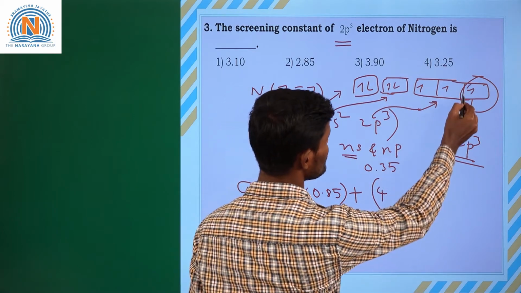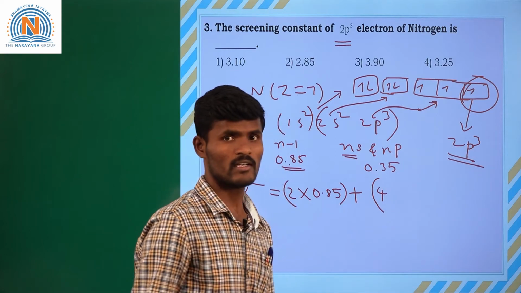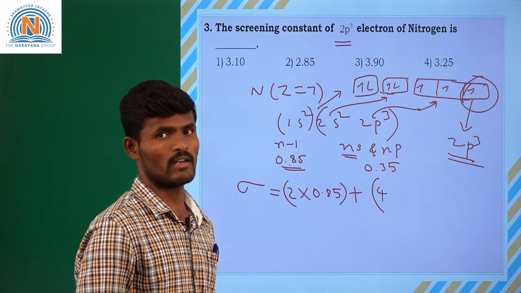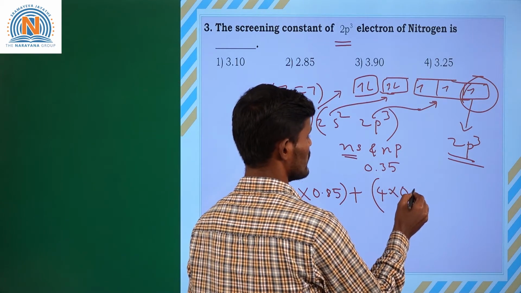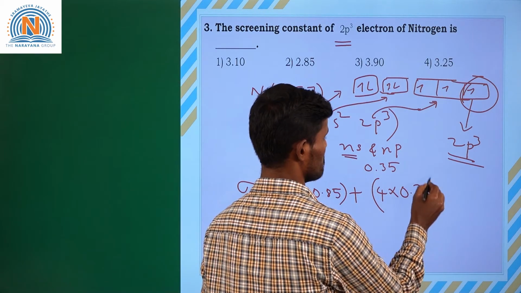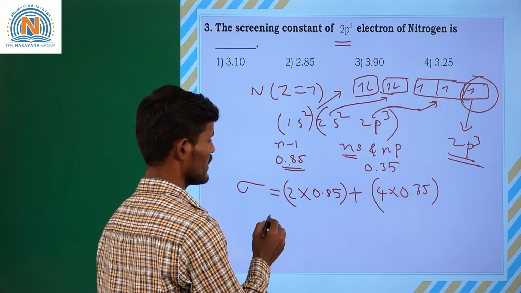Here it is the 5th electron, the 2p3 electron that we should leave out. So 4 into 0.35. Do the calculation.